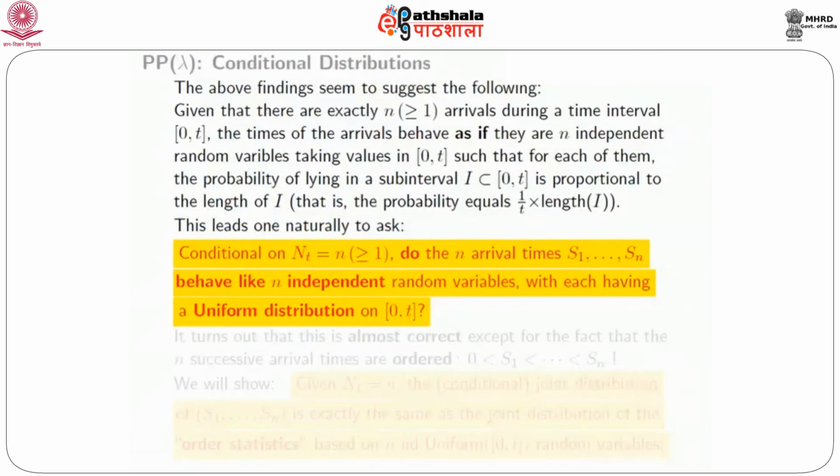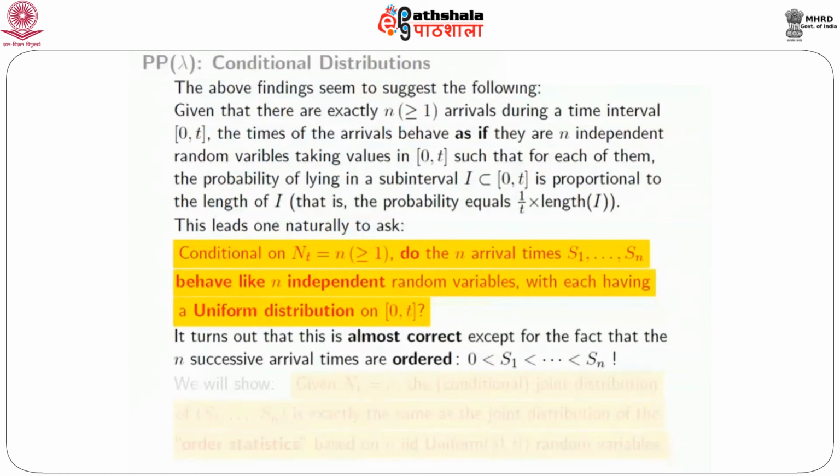Each trial has success probability s over t, and you're asking what's the probability that there are k successes in n trials. Here success means that in an arrival, there are a total of n arrivals corresponding to n independent trials, and successes are those arrivals which happen before time s. So success probability is s over t, and that sort of fits in with this.